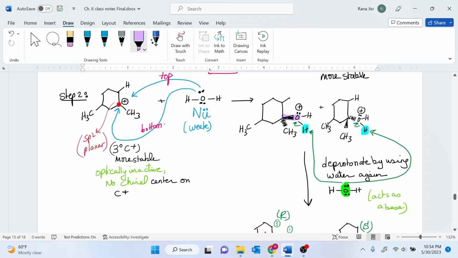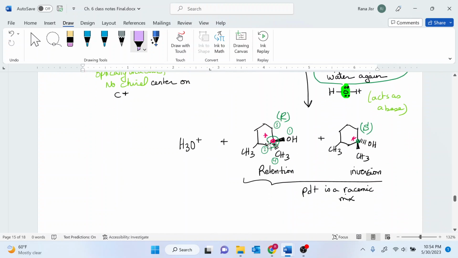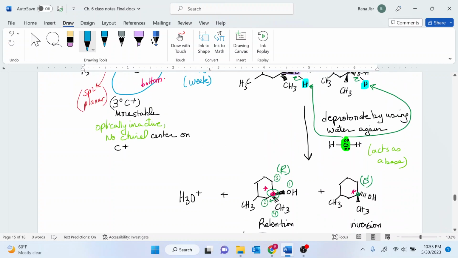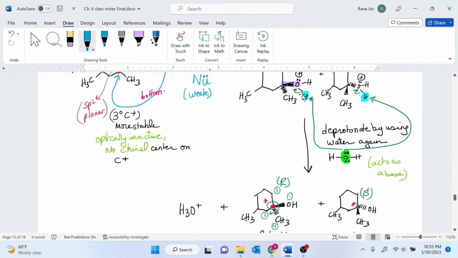This is the rule for reactions. And here it's optically inactive because if you combine them both together, it is a racemic mixture, and racemic mixtures are optically inactive. Okay. Now, of course, when water takes the hydrogen, it's going to become H3O plus in there. So you have also to write it down.